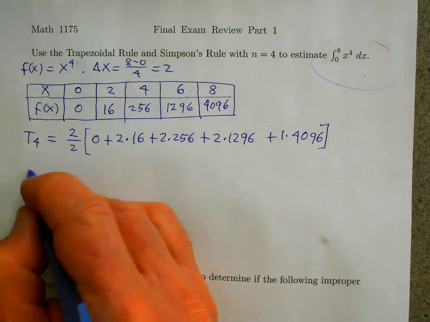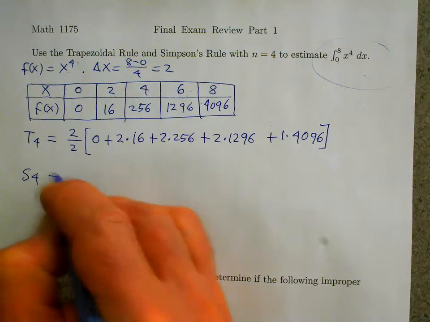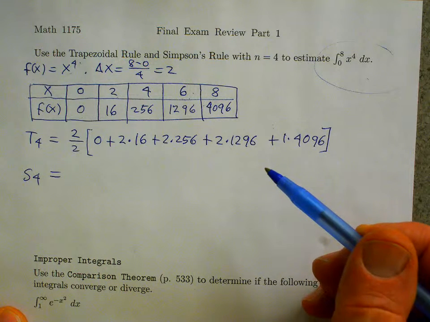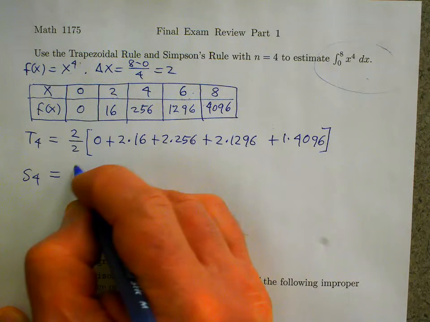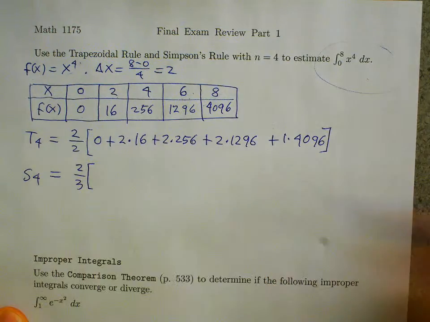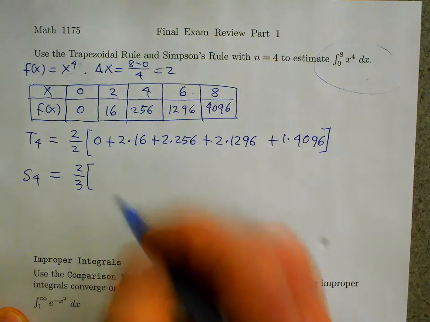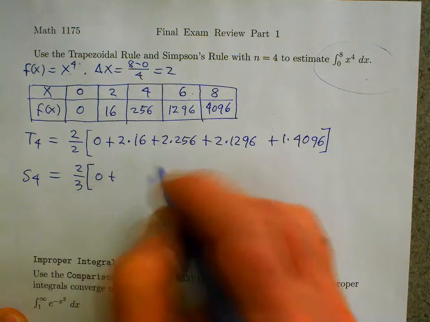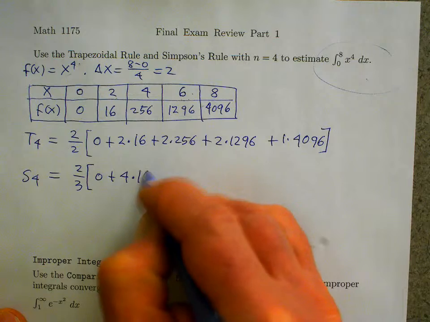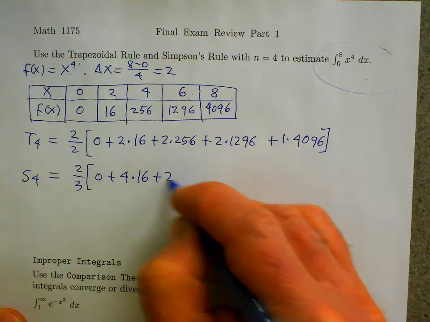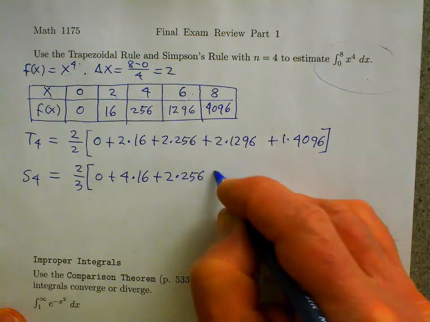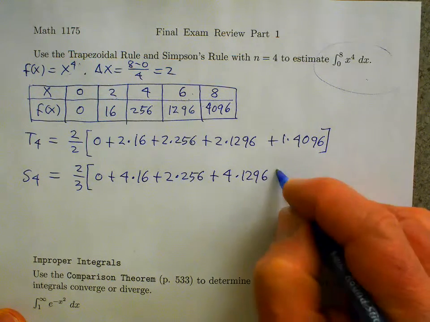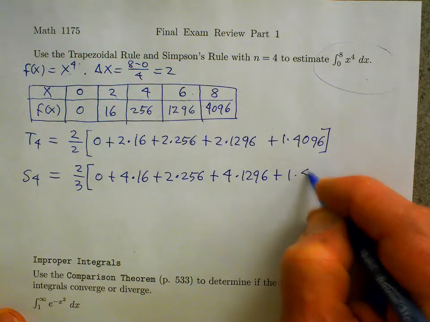For Simpson's rule, so out front we have delta x divided by 3. So delta x is 2 divided by 3. And then on the inside we have 1 times 0 is 0, and then plus 4 times 16 plus 2 times 256 plus 4 times 1296, and then plus 1 times 4096.